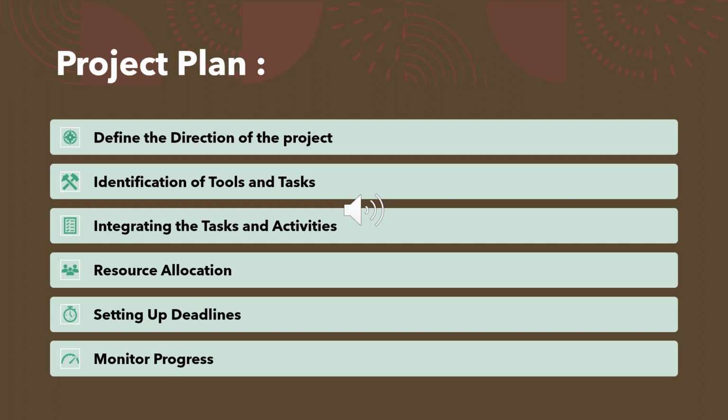That characteristic of a project plan comes under setting up deadlines. The next thing is monitoring progress. Each and every stage of a project has to be monitored and analyzed to improve further.